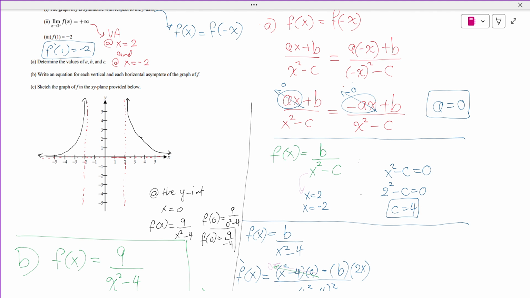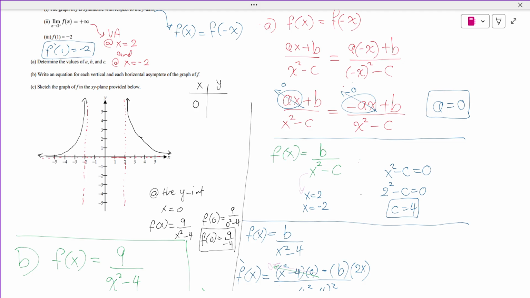This is the y-intercept. What does that mean? This is the point at which the curve intersects the y-axis. So at x equals 0, y equals negative 9 over 4. If you feel that this is confusing, if you are making a table of x and y, what is the value of y when x equals 0?